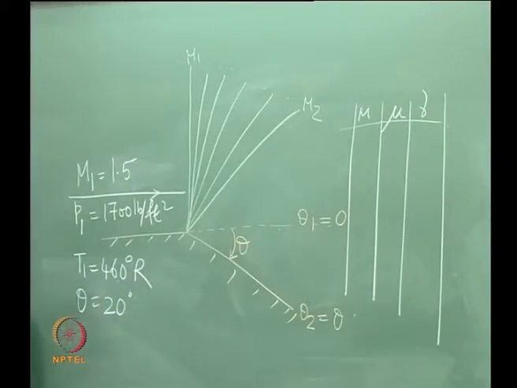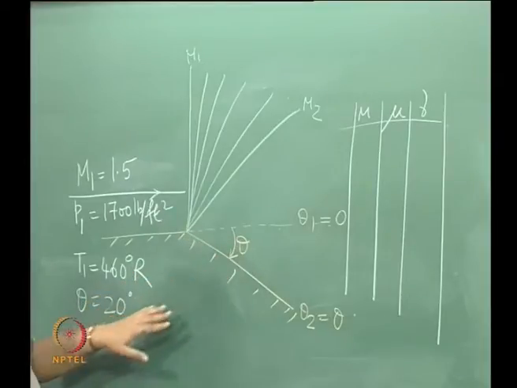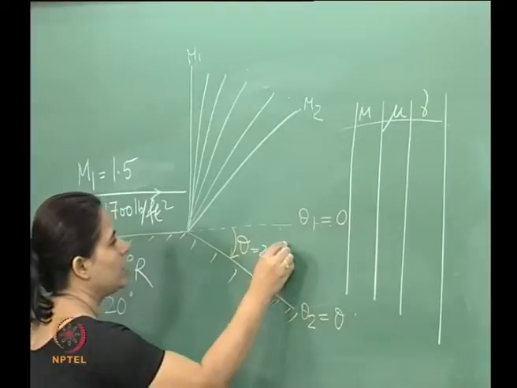Okay. So, essentially what we have is this flow which comes in with this Mach number, pressure and temperature, and it goes through an expansion corner, the angle of which is 20 degrees. This is region 2.